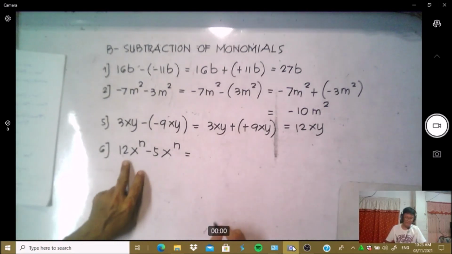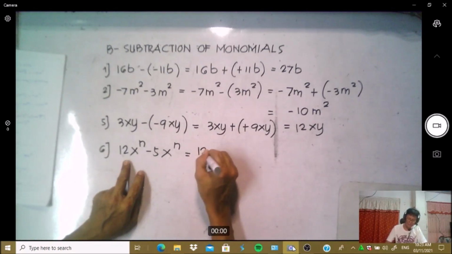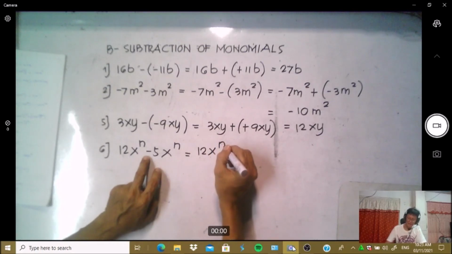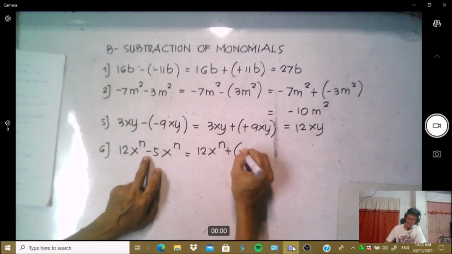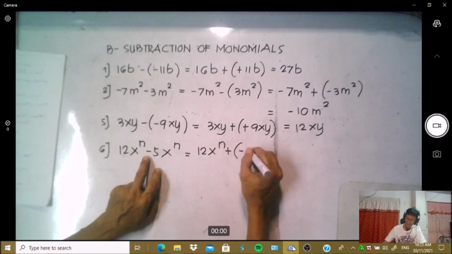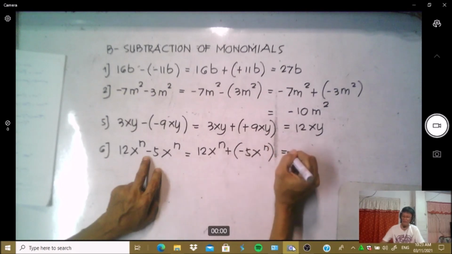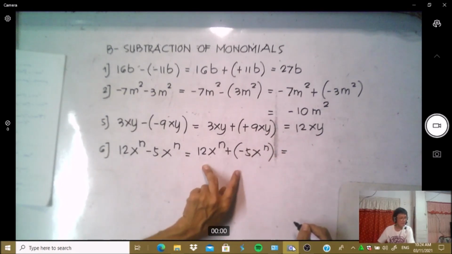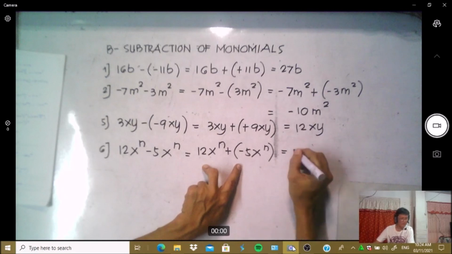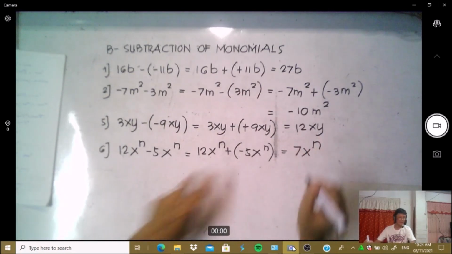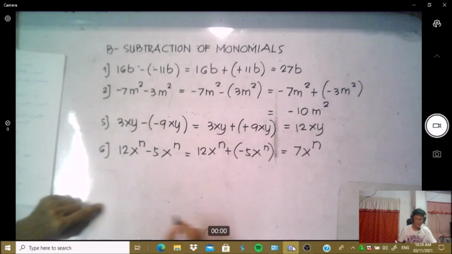So we have 12x raised to n, then change the sign of the operation to plus, then negative 5x raised to n. And therefore, we have to get the difference of 12 and 5. That will be equal to 7. And copy x raised to n. So that is for number 6.